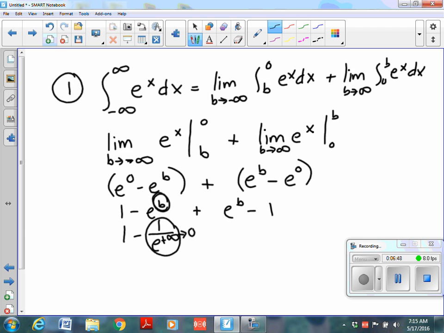So the only thing you have left is a 1. When you plug infinity into e to the b minus 1, this is just getting bigger and bigger, and if you subtract 1 from it, it's still going to get bigger and bigger. So if you add 1 plus infinity, it's definitely diverging. Diverges.